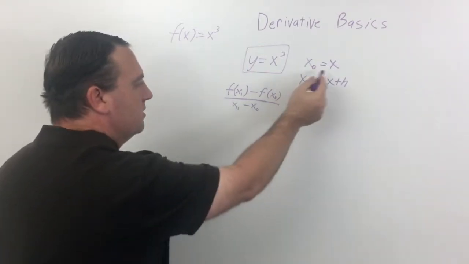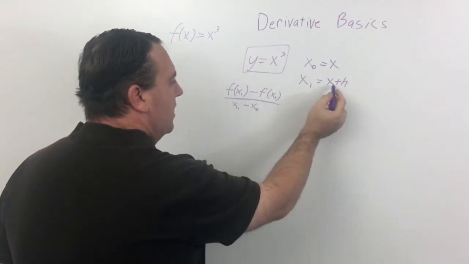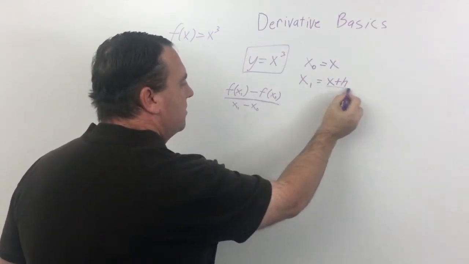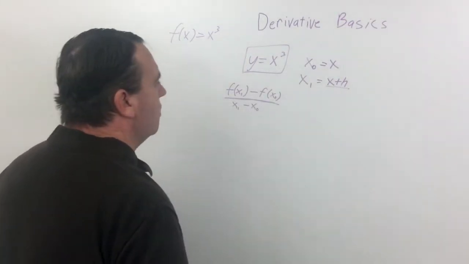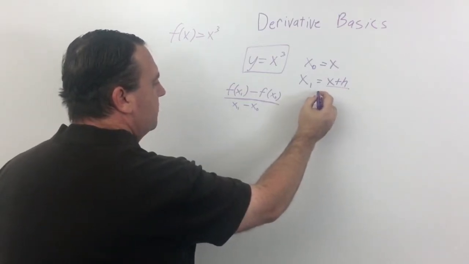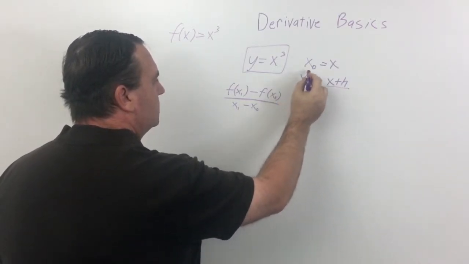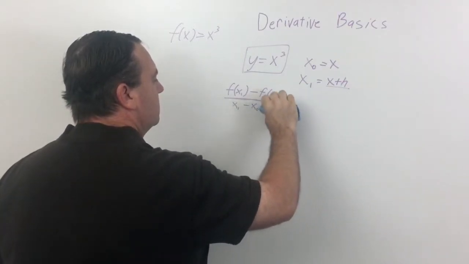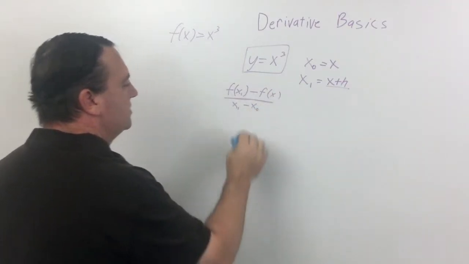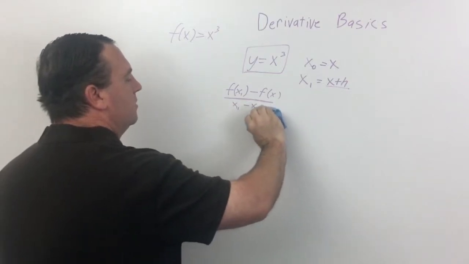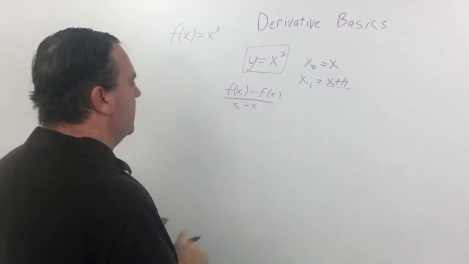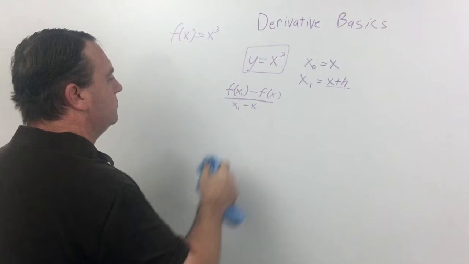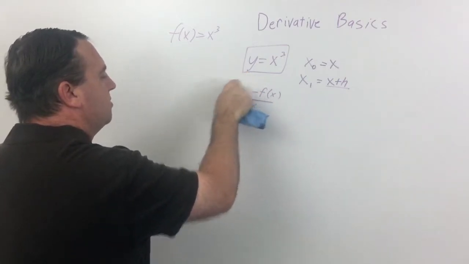Okay, so we have x0 is x and x1 is bumped up by h. So now we'll replace these in our formula. Instead of f of x0, we'll just do f of x, and instead of x0, we'll just have x. And instead of x1, we'll have f of x plus h.